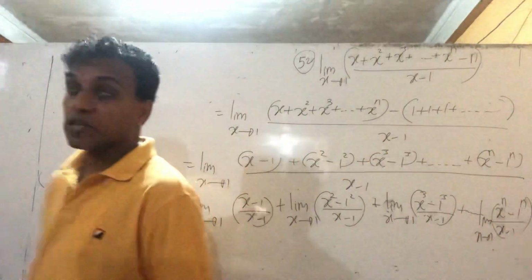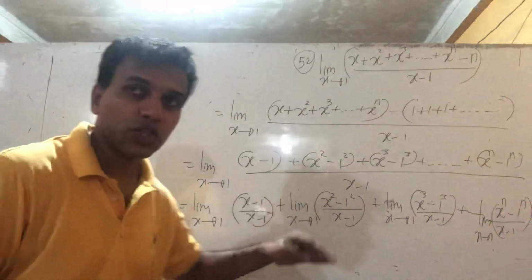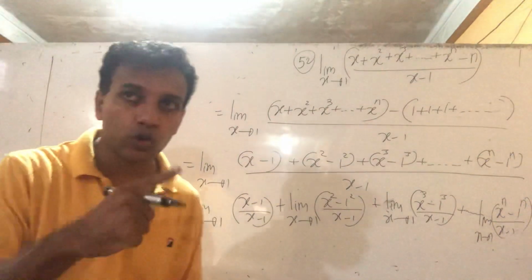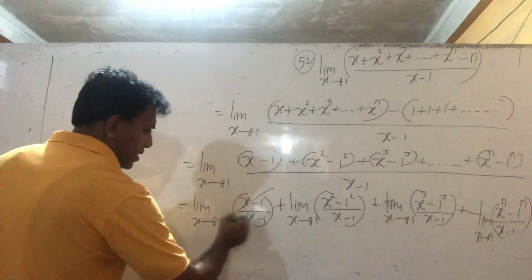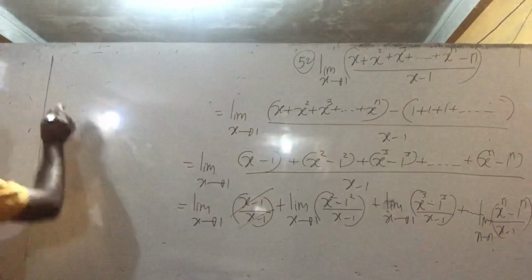Now you have the answer for every part: algebraic limit gives n a to the power n minus 1. So here it is 1, no problem, we can write that pattern.